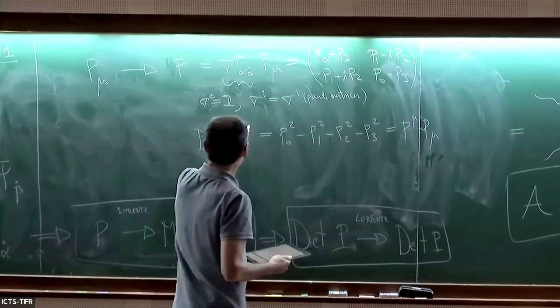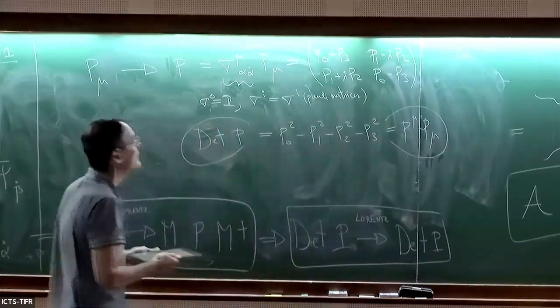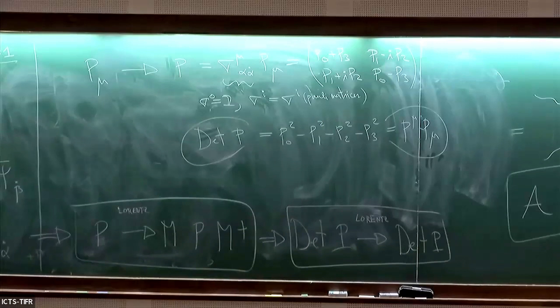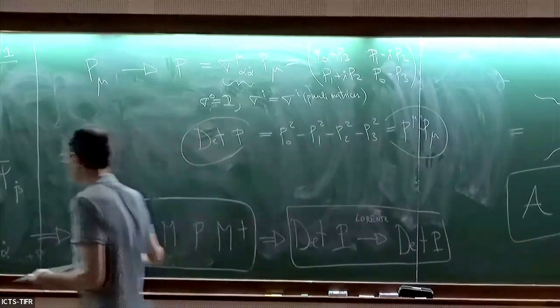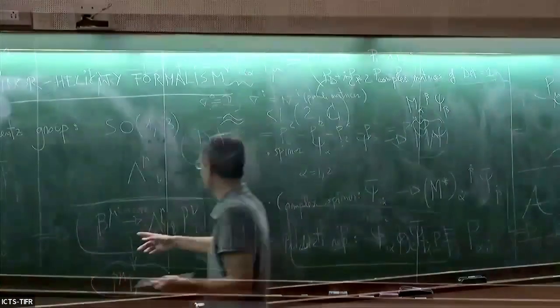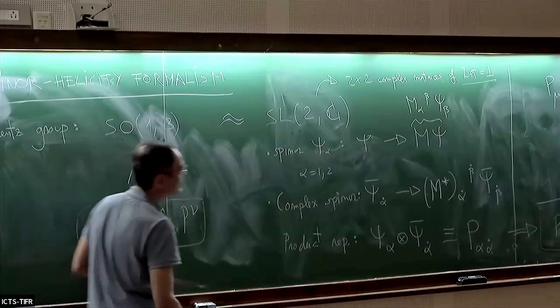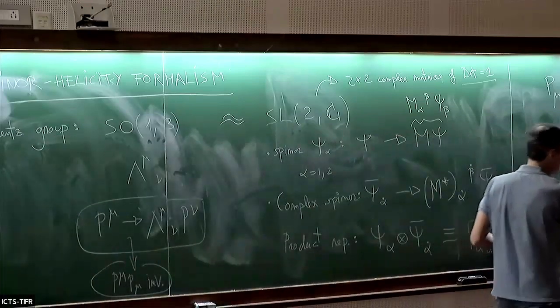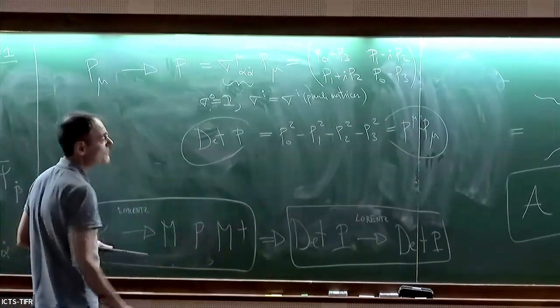We already proved that this is an equivalent representation. The Lorentz transformation is the one that gives me this invariant. I wrote it in this matrix way, as a product of spinors, and I found that the transformation has to be this.